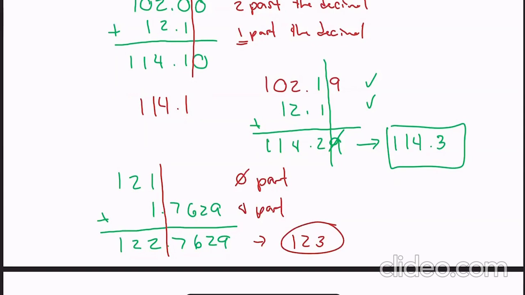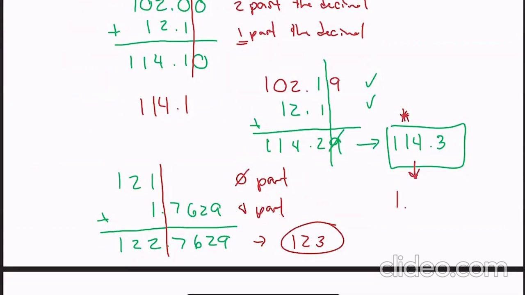And you may also be asked to convert these values into scientific notation, right? Your lab is going to have something similar to this, right? So let's go back up here and convert this to scientific notation. If I convert this to scientific notation, I need a coefficient that's between 1 and 10, right?